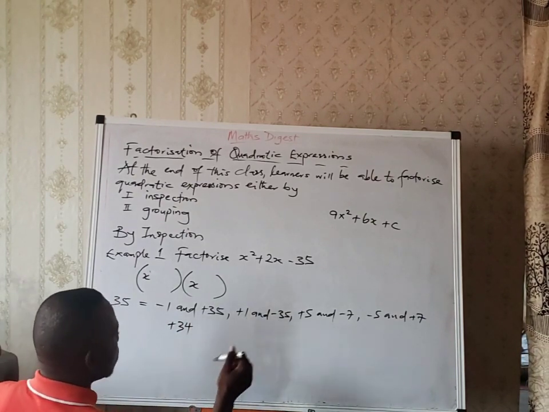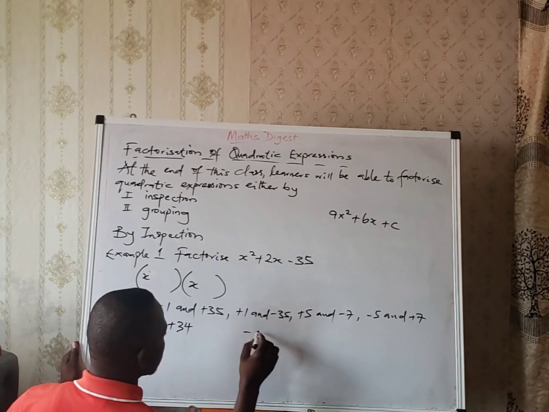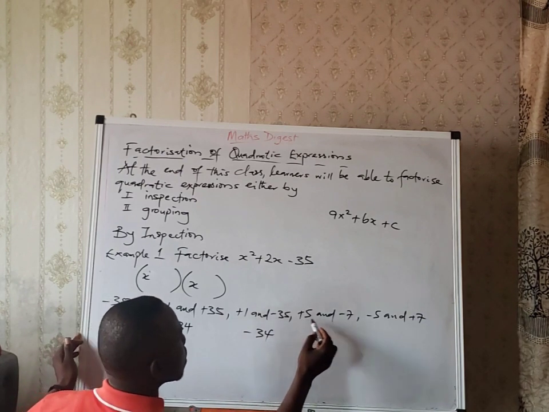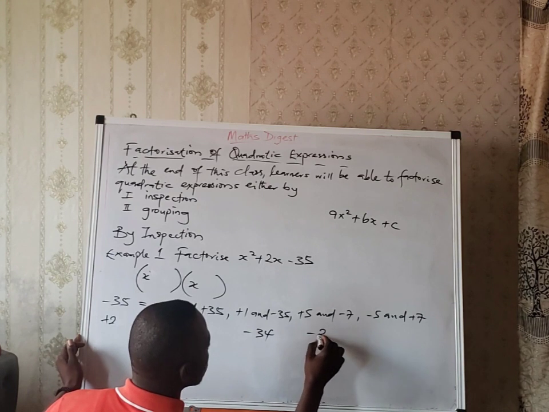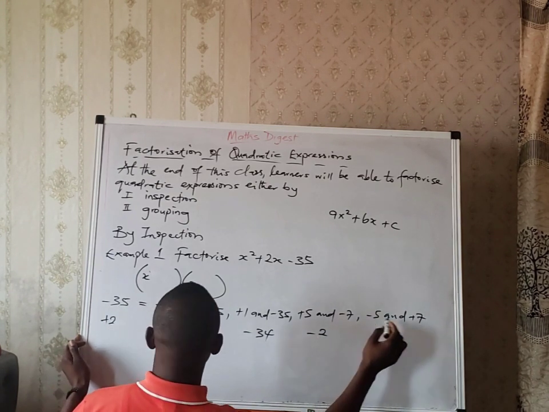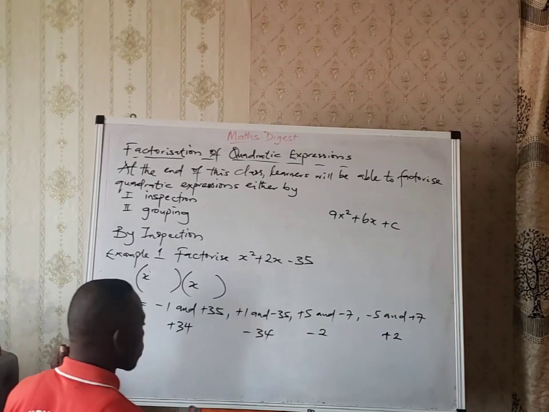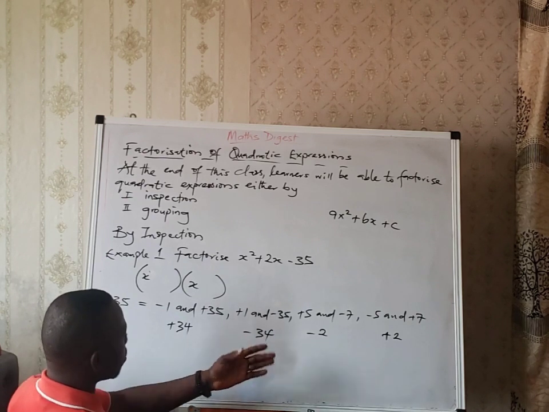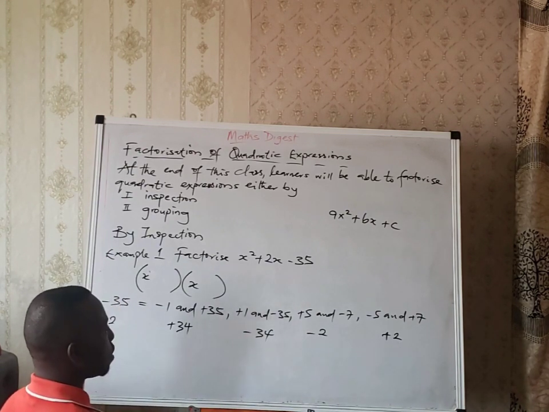And this plus this will give you minus 34. This plus this will give us minus 2, but this and this will give us plus 2. So if you look at these four combinations, we see that this one satisfies the one we are looking for.